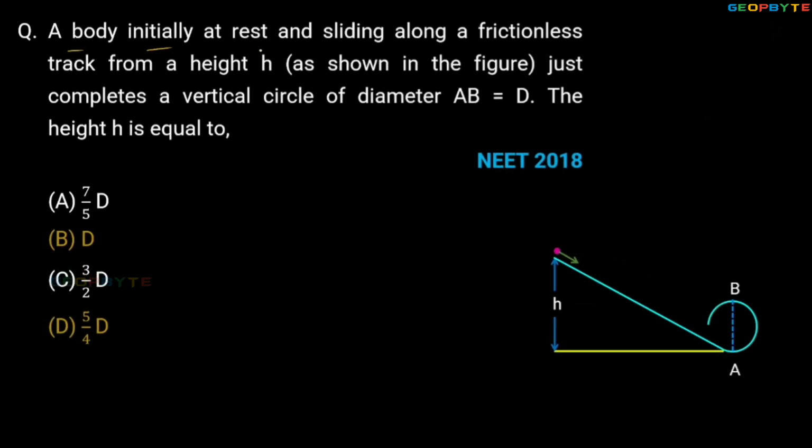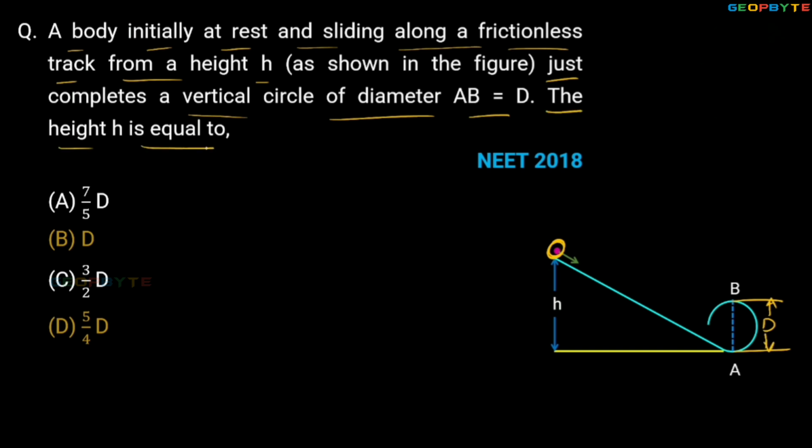Similarly, let us take another important problem, asking like this. A body initially at rest and sliding along a frictionless track from a height of h, as shown in figure. Initially, the body may be at this particular position and it is sliding down towards the base. It just completes a vertical circle of diameter AB equal to D. Then the height h equal to, very simple problem.